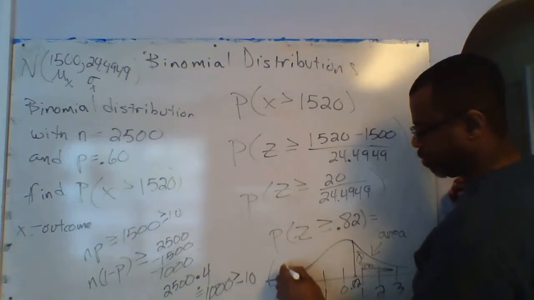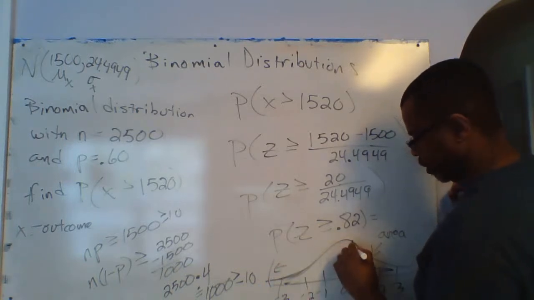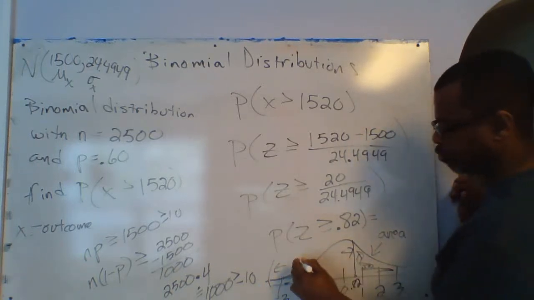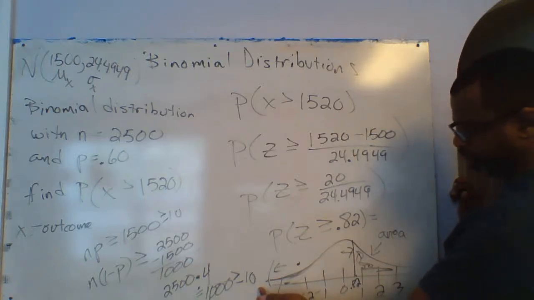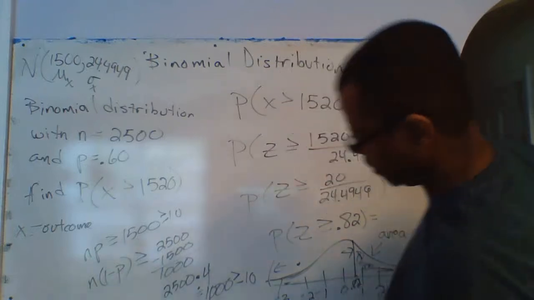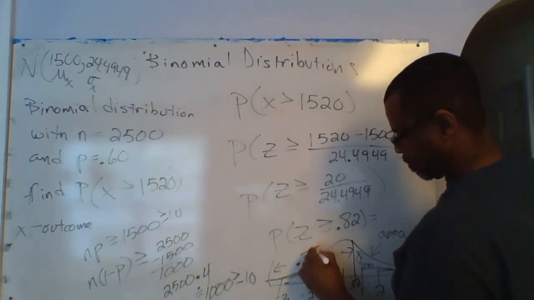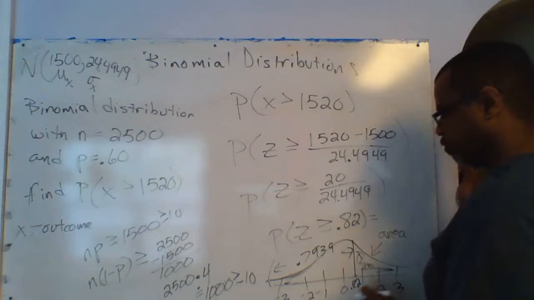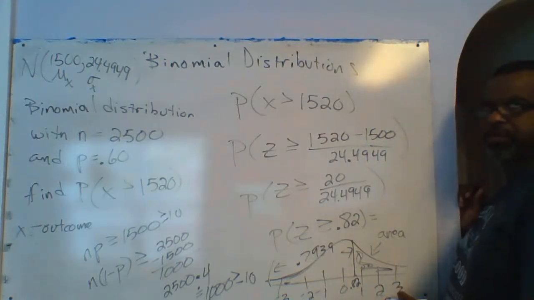Okay, so you were right, Gabrielle, but remember what you wrote is going to be from the very beginning up to there. So you had what, 79.39? Now, if you drew this curve out, you knew that wasn't correct.